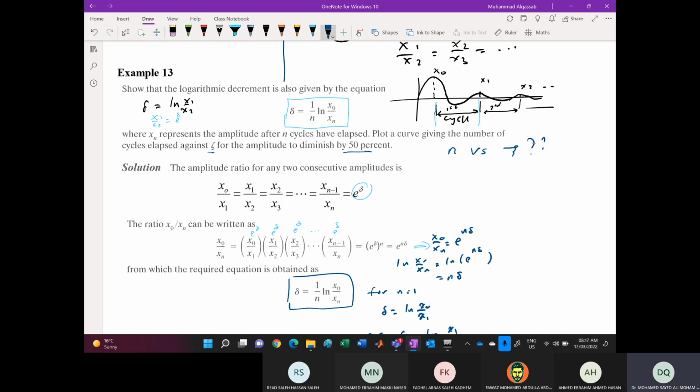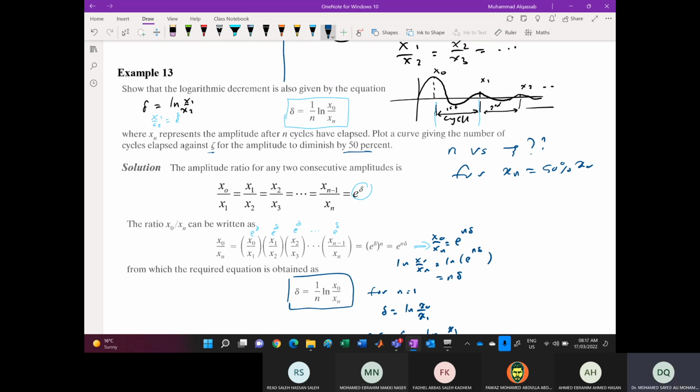This is required for xn to be equal to 50% of x0. That is the question. To reduce by 50% or to 50%, here it is the same, right?